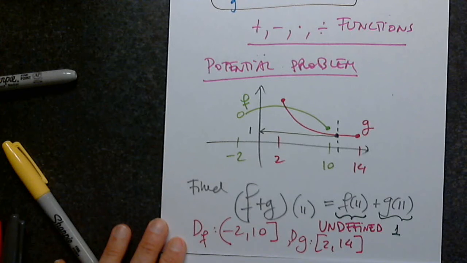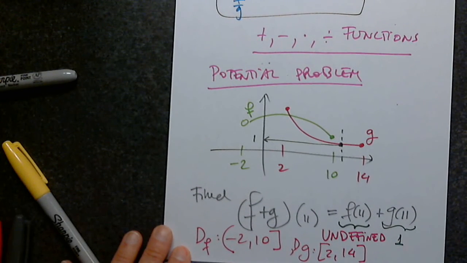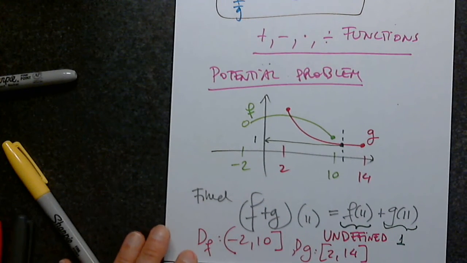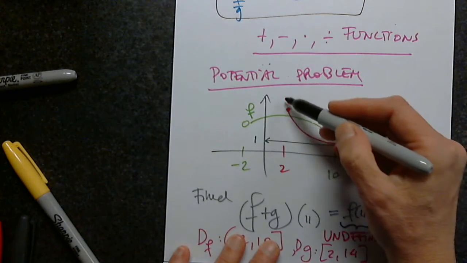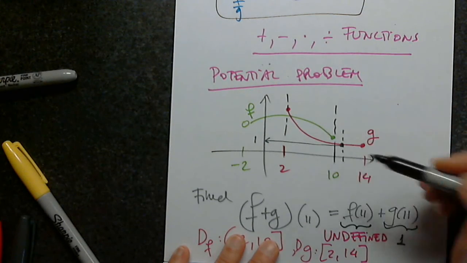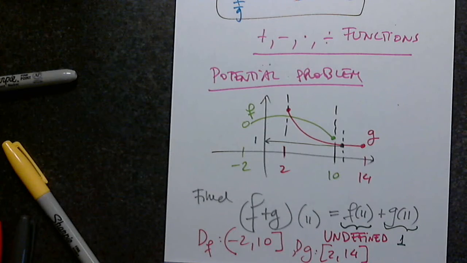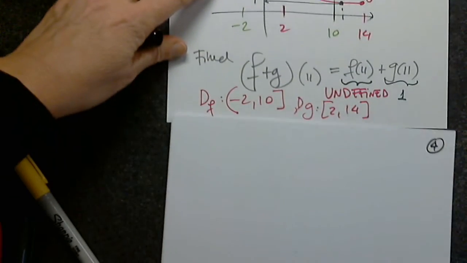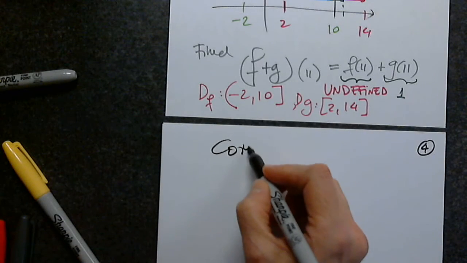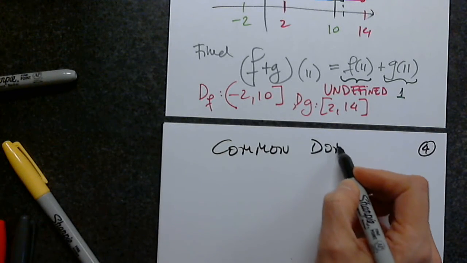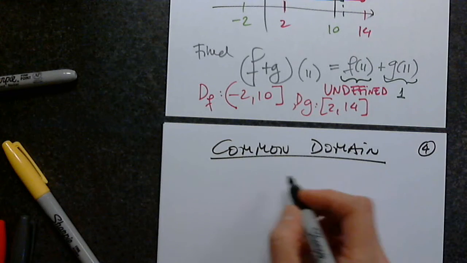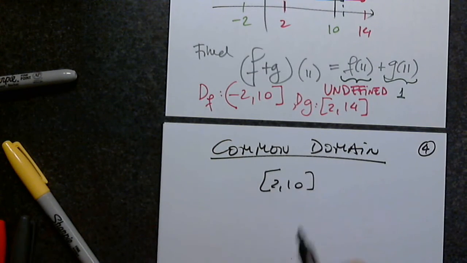Exactly, where they both exist at the same time. So if I don't select between 2 and 10, your answer will always be, sorry, I can't give it to you. This is what is called common domain. In this case, 2 to 10.